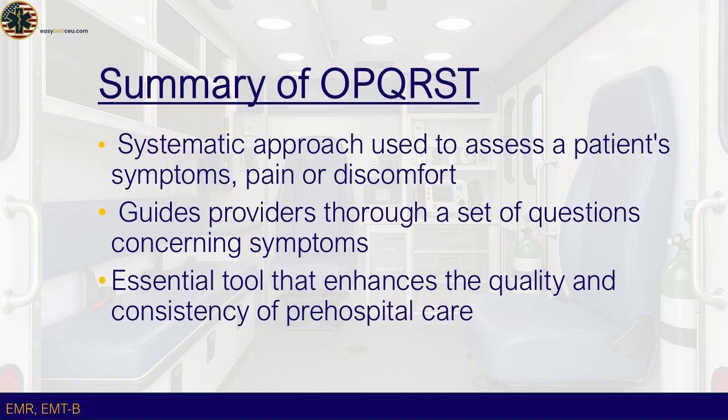By using this method, EMS personnel can gather detailed, relevant information quickly and efficiently, leading to a more accurate field impression. OPQRST not only supports better clinical decision-making, but also improves communication with other healthcare professionals during patient handoff. It's an essential tool that enhances the quality and consistency of pre-hospital patient care.